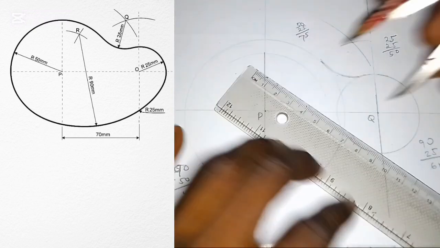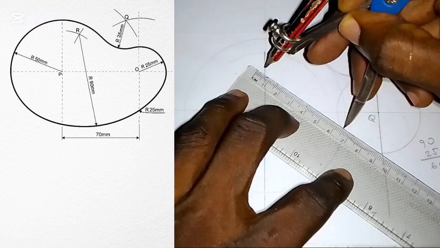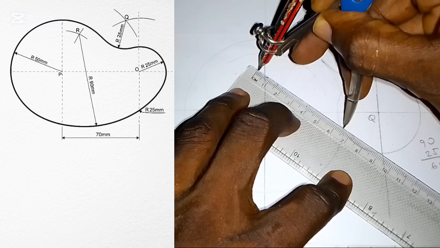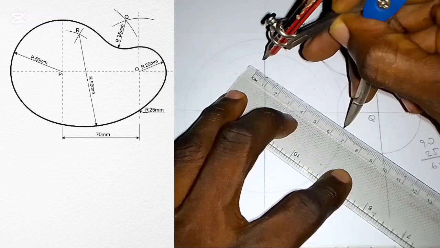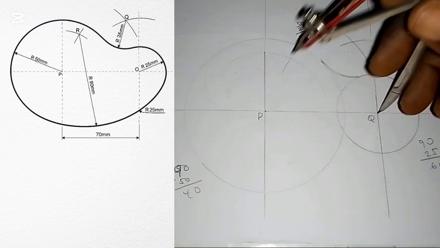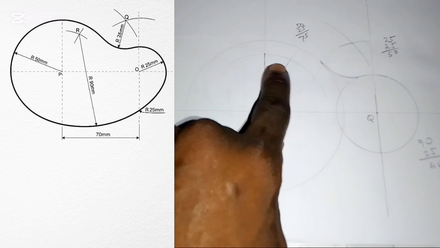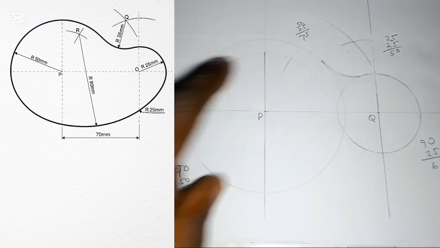So I will stretch my compass to 65. With this 65, needle on this point Q to have an intersecting arc this way. And we are given the arc radius to be 90.